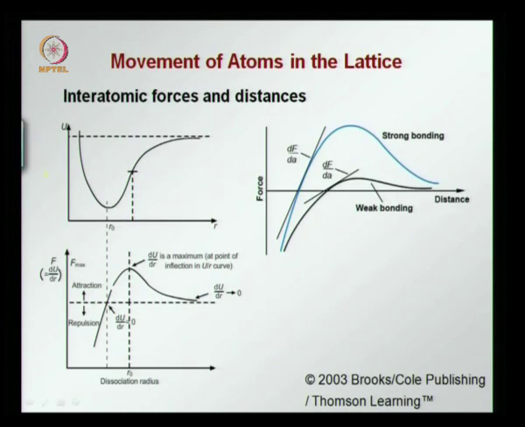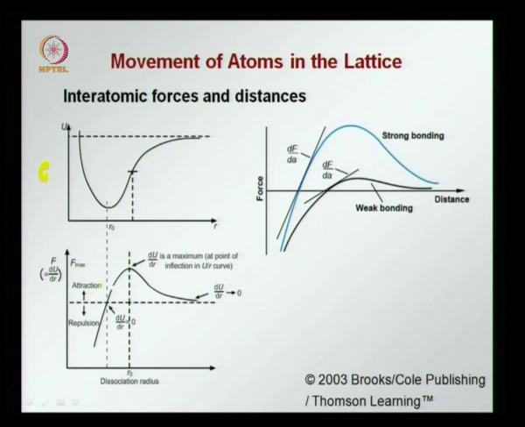So here on the top we have the Condon-Morse diagram, and you have the energy versus the interatomic spacing r, and you have indicated here R0, which is the stable interatomic spacing corresponding to the minimum energy in this curve, the minimum potential energy or the minimum lattice energy.